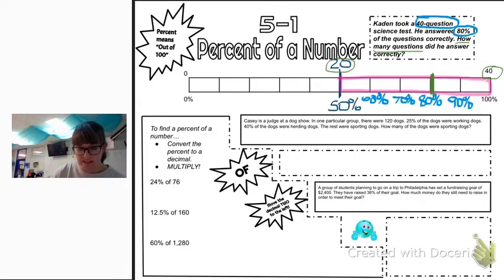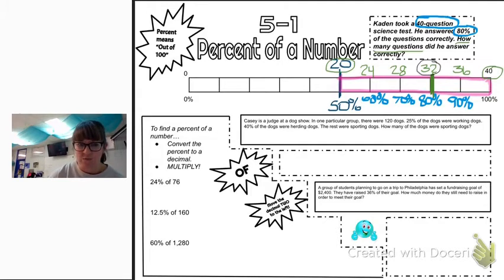We've got 5 boxes to do that with. Well, 20 points divided by those 5 boxes means that each box is 4 points. So this would be 24 questions answered correctly, this would be 28, 32, and 36. So if he scored an 80%, that means he answered 32 questions correctly.